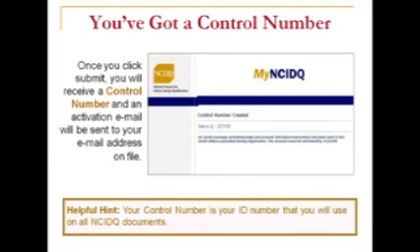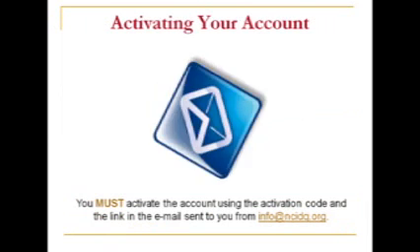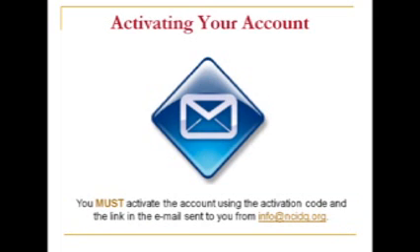Once you click Submit, you'll be issued a control number. Write this number down and use it on all forms and correspondence you have with NCIDQ. Your control number is your ID number for NCIDQ and is helpful when you call or email to ask questions. An activation email will be sent to the email address you also entered in the personal information section. Click the link in the email sent to you and enter the verification code to confirm your NCIDQ account.